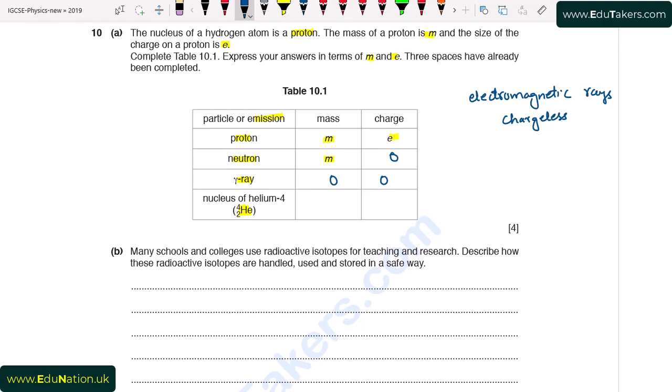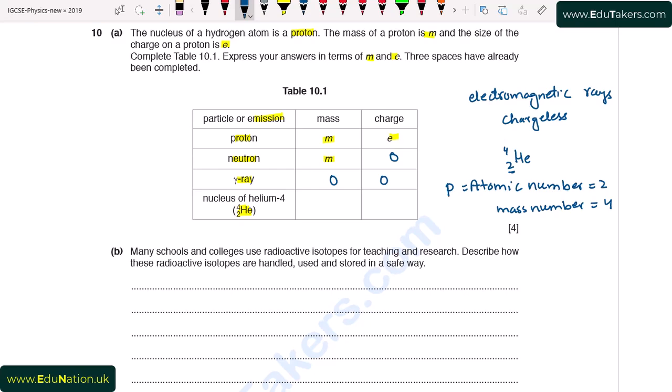Nucleus of helium-4. So here is helium 4 and 2. We have to calculate the total mass of helium. Here the atomic number is equal to 2, while the mass number is equal to 4. And atomic number is basically equal to the number of protons.